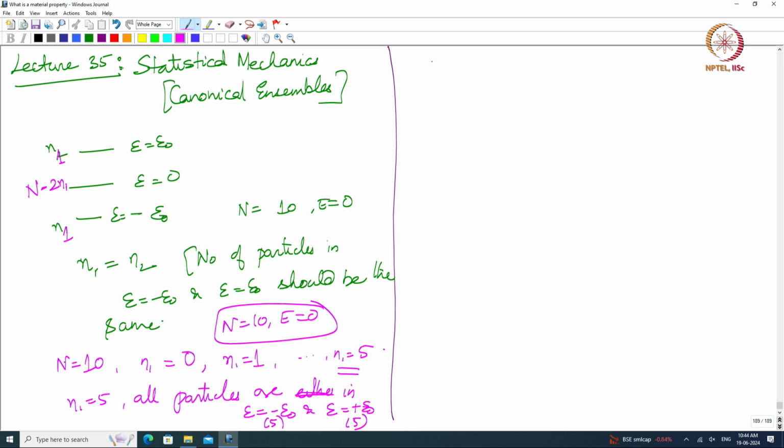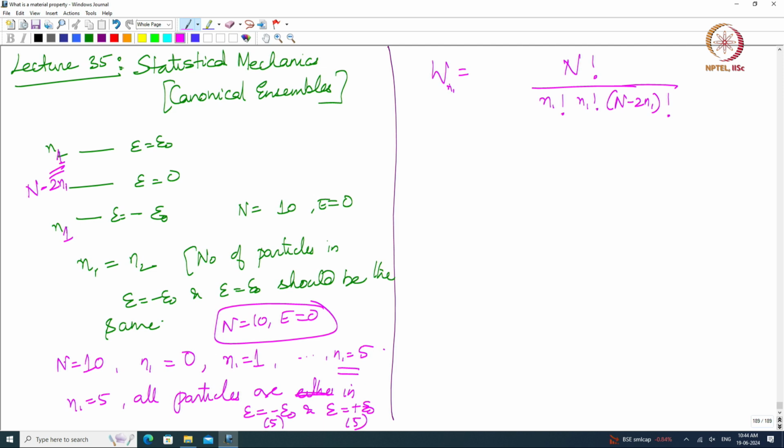Now, if I ask how many microstates are there here. For a given n1, the total number of states is N factorial divided by n1 factorial times n1 factorial times N minus 2 n1 factorial, right. So, these are the total number of states for a given n1.